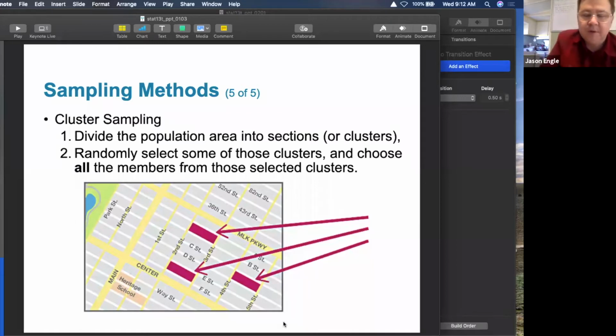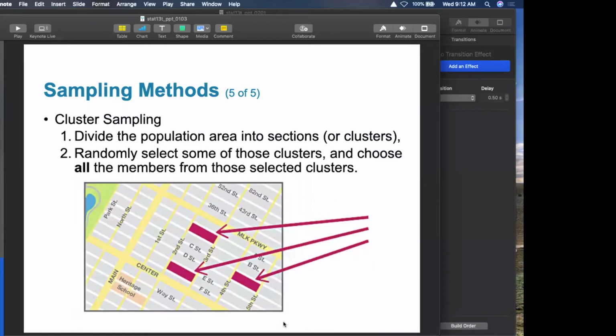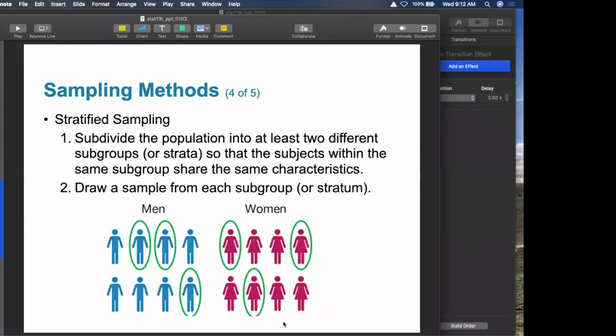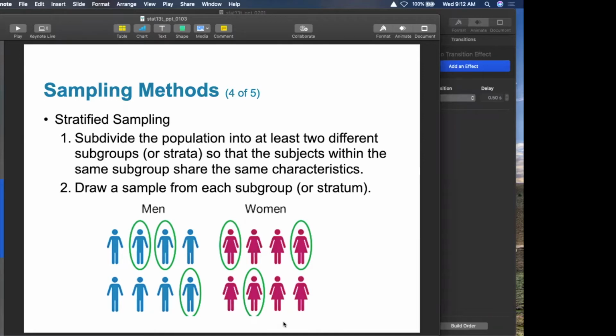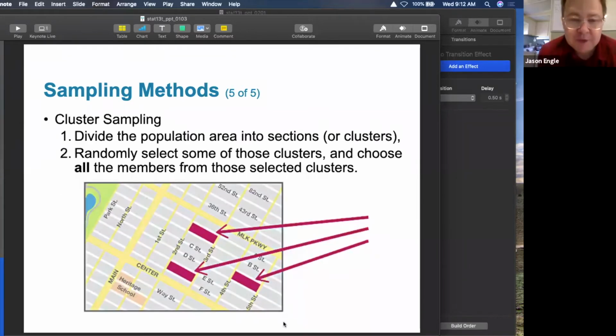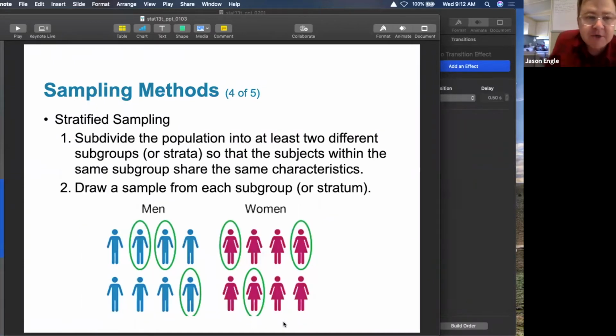So what's the difference between cluster sampling and stratified sampling? Using 2 different groups with stratified sampling, and then the other one is, I'm assuming, more than 2. Yeah, could be. Let me go back to stratified sampling.